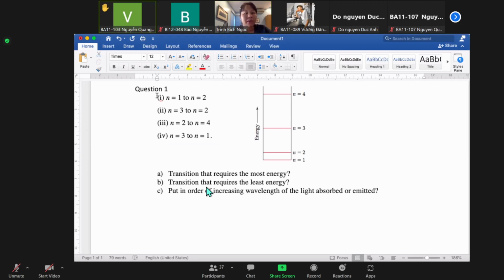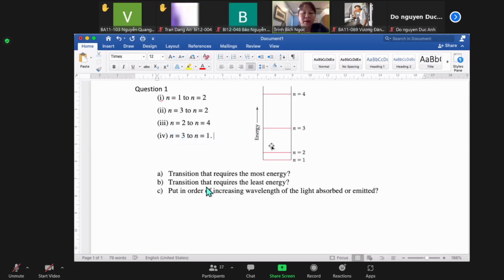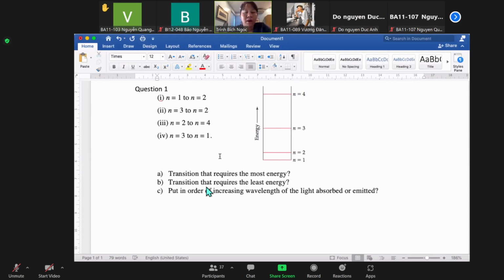Okay, so the question is, among these 4 transitions, which one requires the most energy? This is transition 4, 3 to 1. From 3 to 1, does it emit or absorb energy? It's not absorb energy, it emits energy.